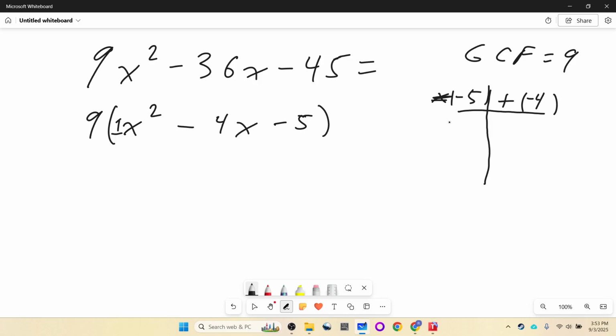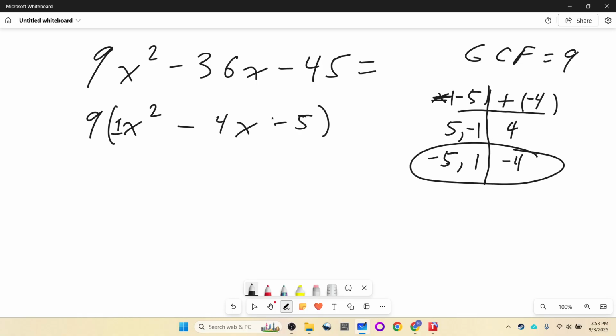What multiplies to negative 5? There are only two integer possibilities: 5 and negative 1, or negative 5 and positive 1. Add these together, we get 4. Add these together, we get negative 4. It's this one. So this would factor into 9 times (x minus 5) times (x plus 1).